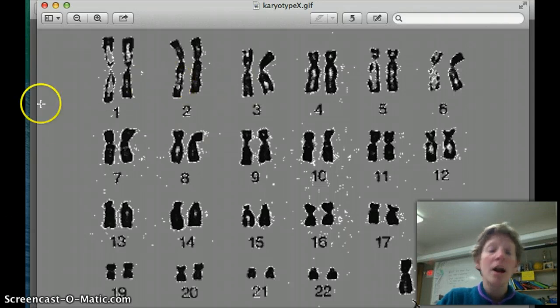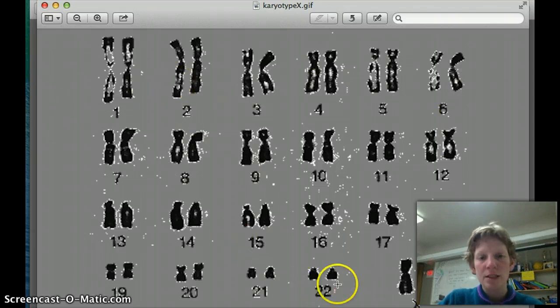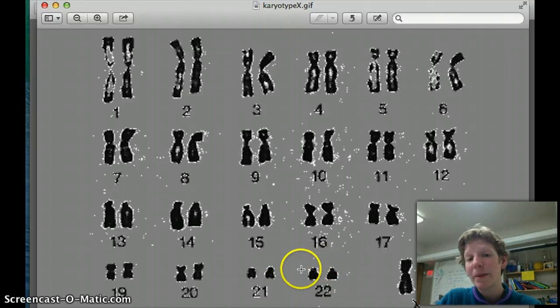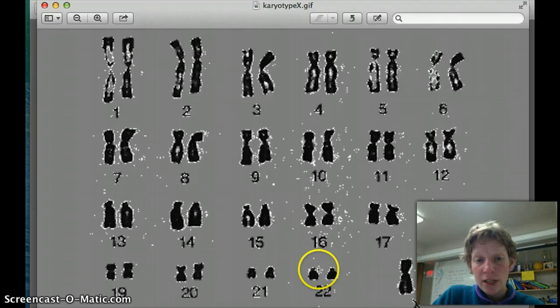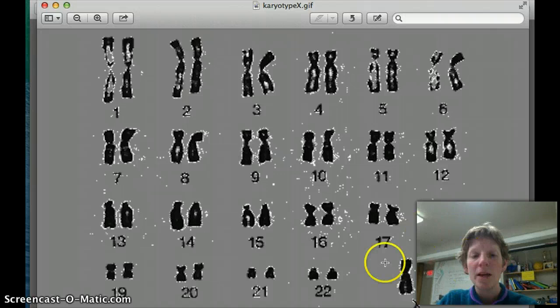Obviously, as you go through the pairs, given that the 22nd pair is the shortest, it doesn't have as many genes on it, and so it will code for fewer traits, but there are still multiple traits on this chromosome. Anyway, let's go to this last pair, this 23rd pair.